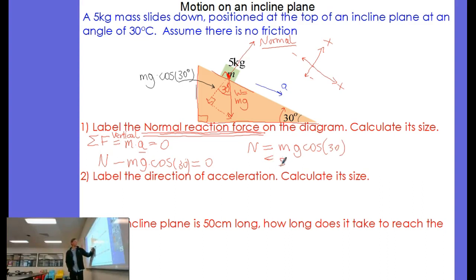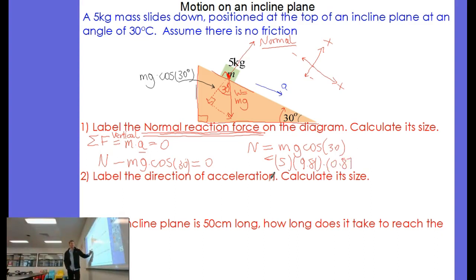Now the mass is 5 kilograms, acceleration due to gravity is 9.81, and cos of 30 degrees is 0.866. We'll say approximately 0.87.